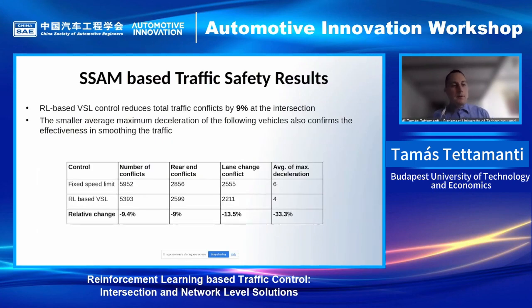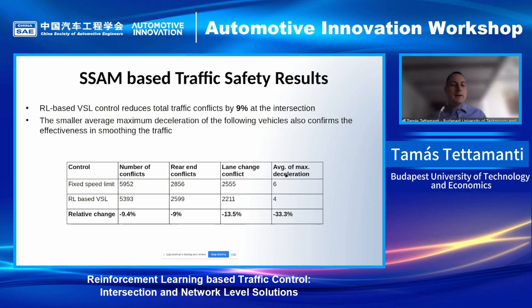For example, our approach with the RL-based VSR control reduced the total traffic conflict almost by 10% in general, and also the rear-end conflicts were reduced, the lane change conflicts as well, and the average maximum deceleration value was also lowered significantly.